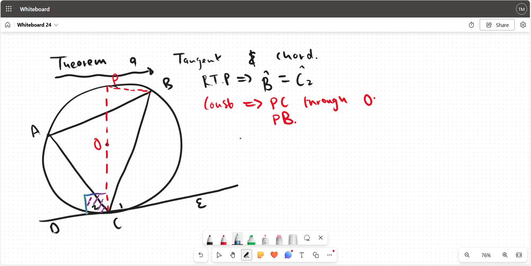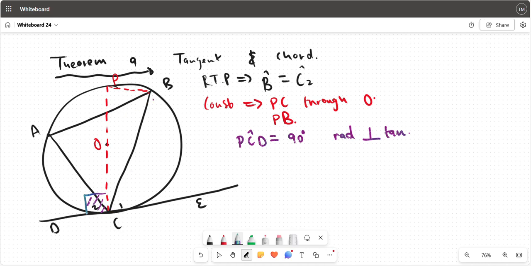So let me state that first. I'm going to state that PCD is equal to 90 degrees, and my reason here is radius perpendicular to tangent. Right, so I've stated that guy.